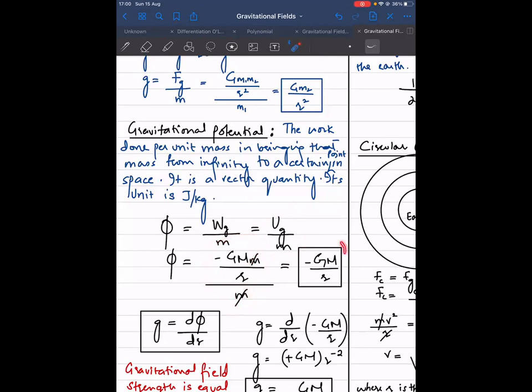So it's going to be minus GM over r. All right, where r is actually the separation between the position of the object and the point of reference.